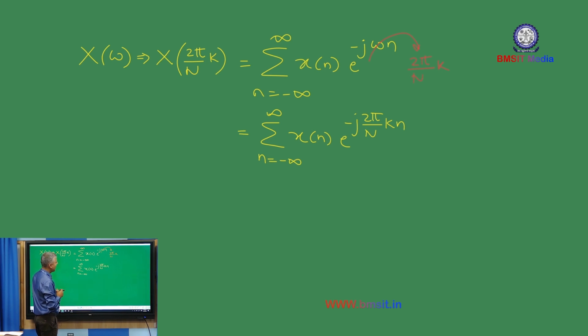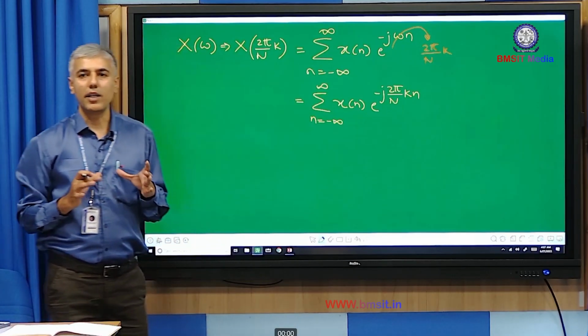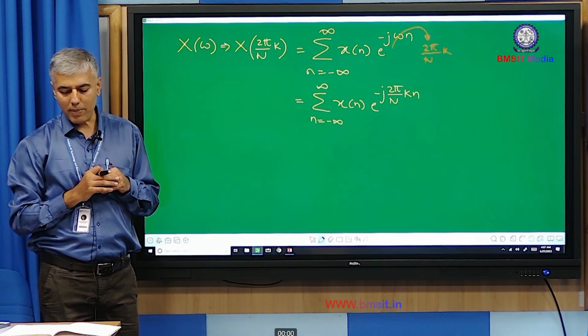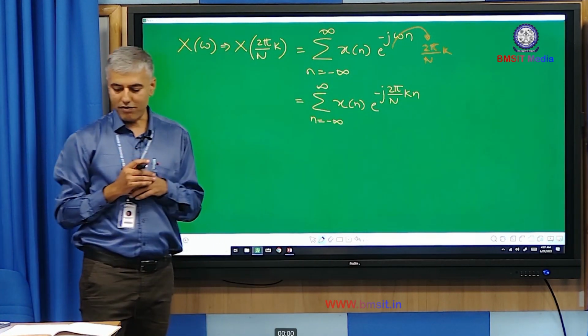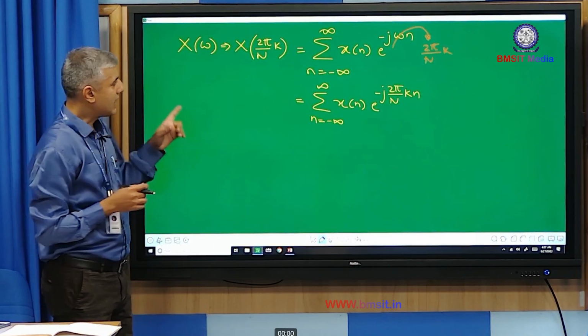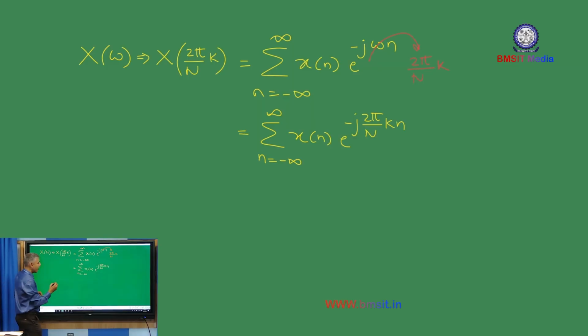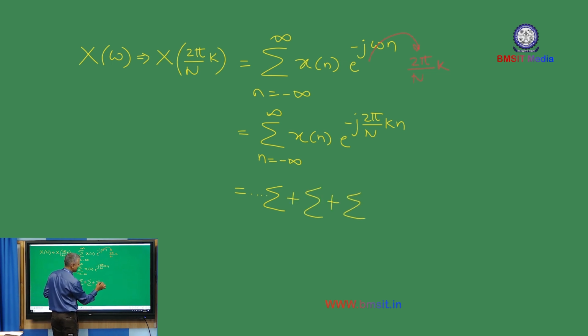Now, with these infinite number of samples, is it possible to reduce the complexity, where k of course is the index of the samples? This summation can be further divided into an infinite number of such summations, where each summation will contain capital N terms.